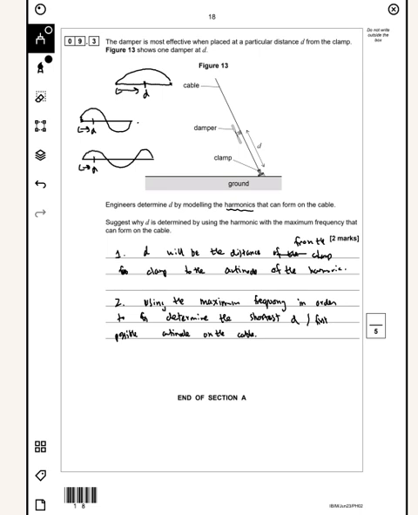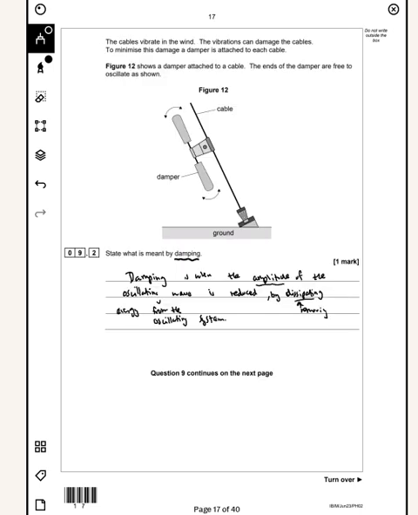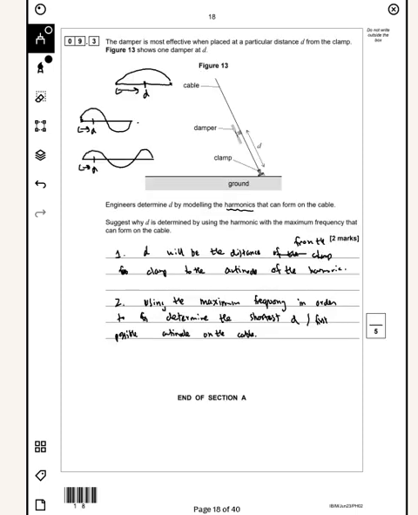Because if we placed it for the first harmonic, at distance d here on the cable, and the vibrations for some reason increased, maybe an earthquake came, or wind could be a reason, and the frequency increases, then the cable would be damaged. That's why, to be on the safe side, we take the shortest distance from the clamp to the first antinode of the maximum frequency that can form on the cable.